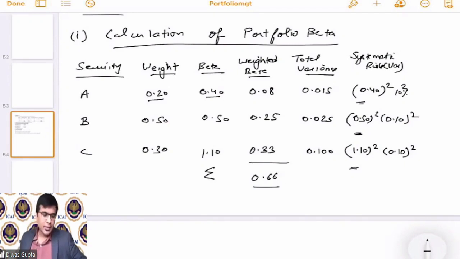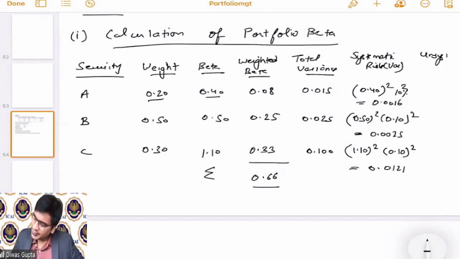So this comes out as, I'm just writing the values here: 0.016, 0.0025, 0.0121, and the unsystematic risk is nothing now but the total variance minus the systematic risk in variance. So 0.015 minus 0.0016 will be the unsystematic risk.